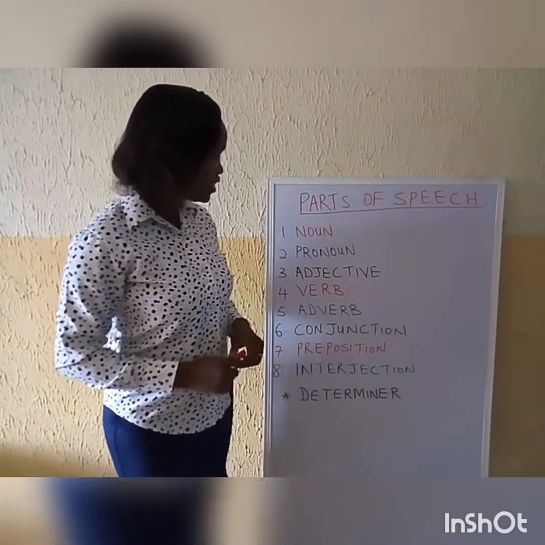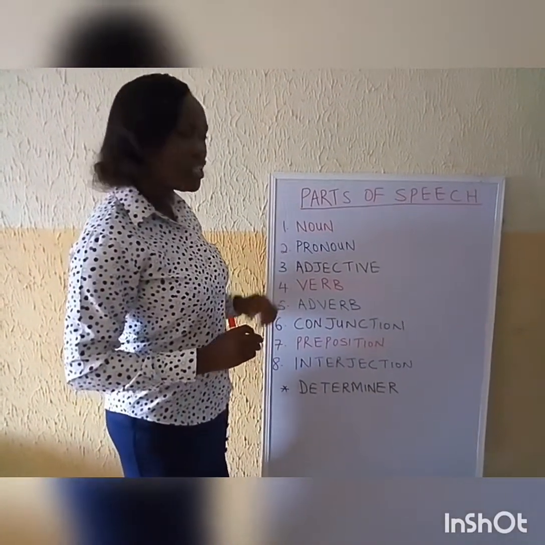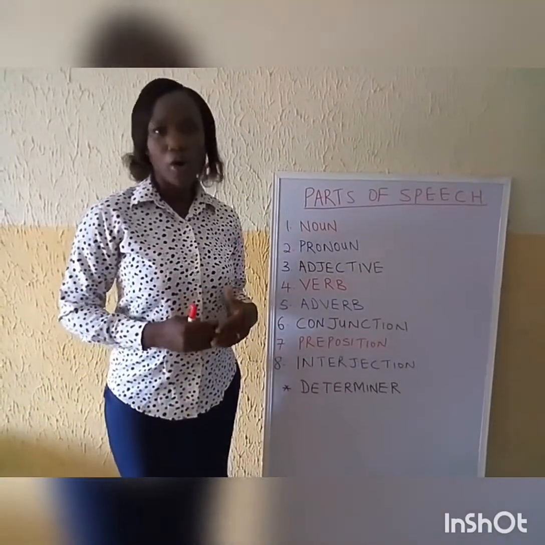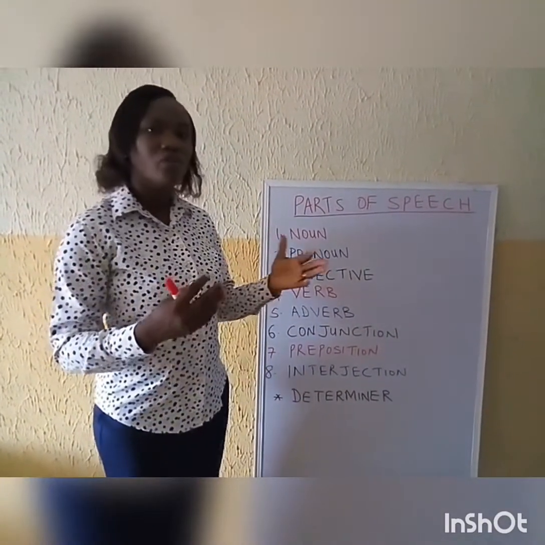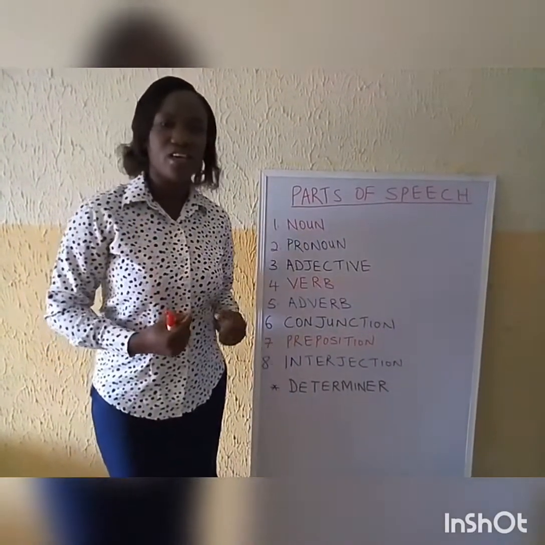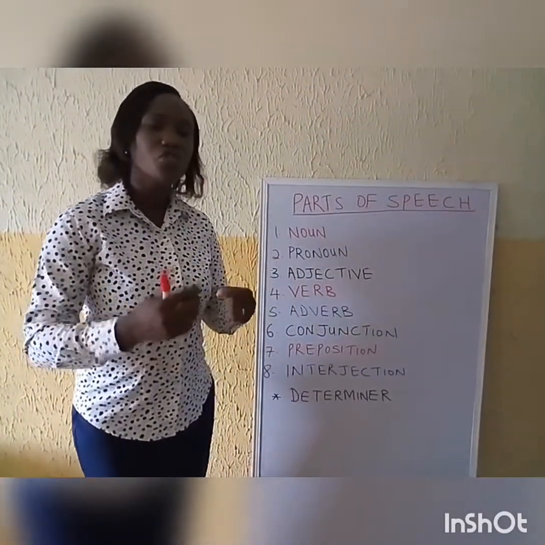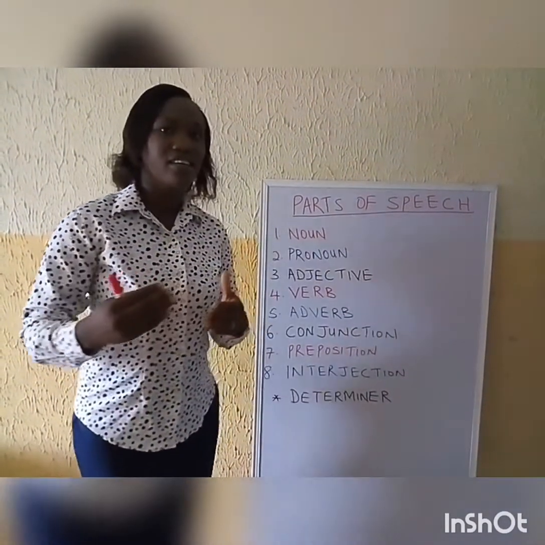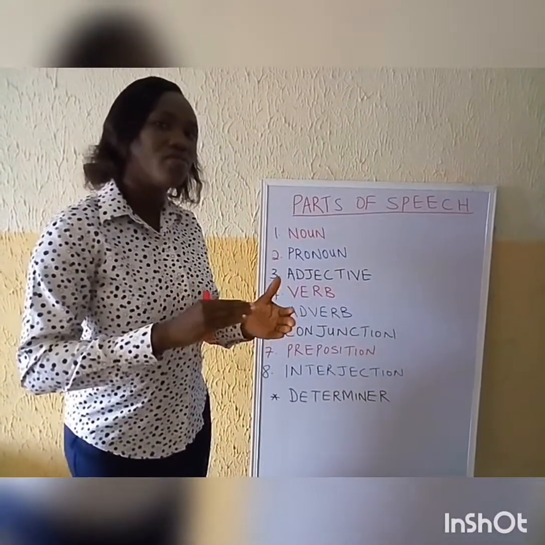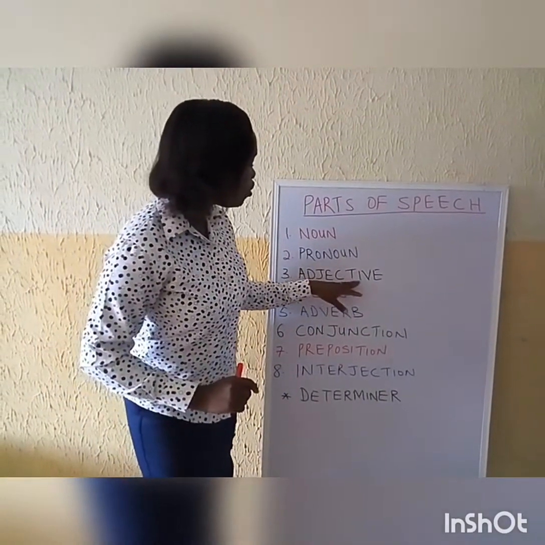Then we have adjective. Adjective is a word that we use to describe a noun or a pronoun. We need to differentiate things, we need to identify things, we need to describe things. The words that we use to describe things are called adjectives.